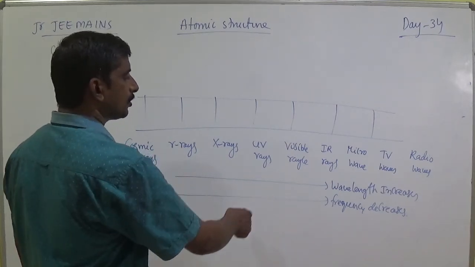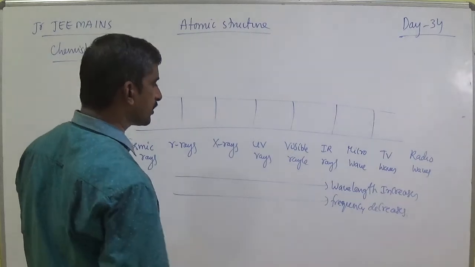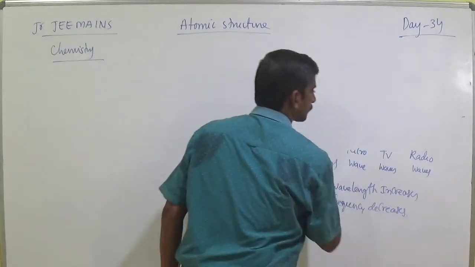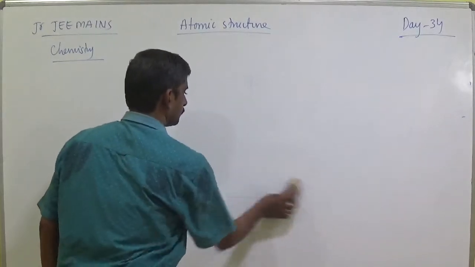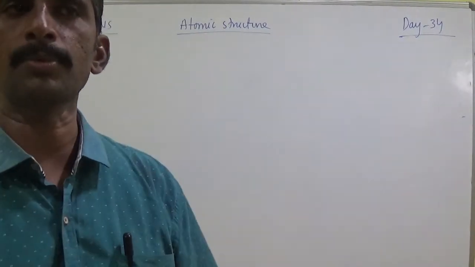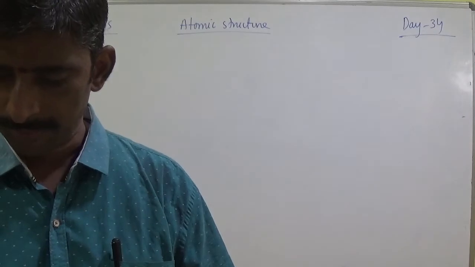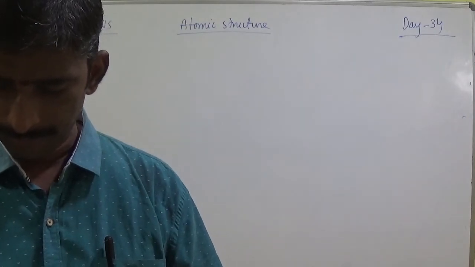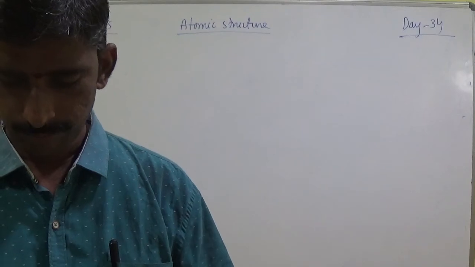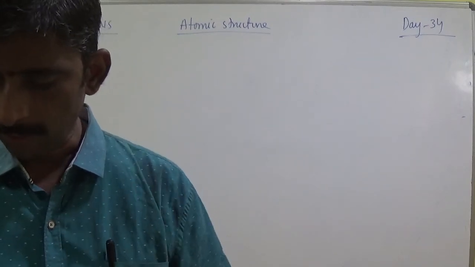Wavelength is inversely proportional to frequency. Wavelength increases, frequency decreases. Already we have the materials. Once the problems are done, I will give some examples of our problems. Okay? Write down the problems.